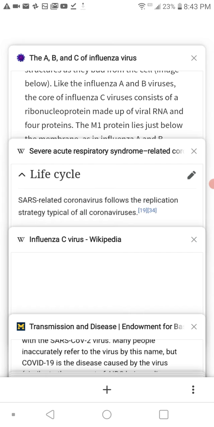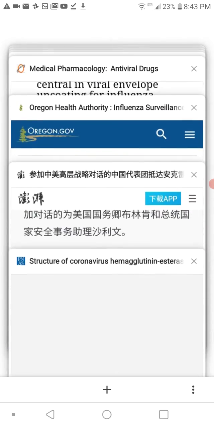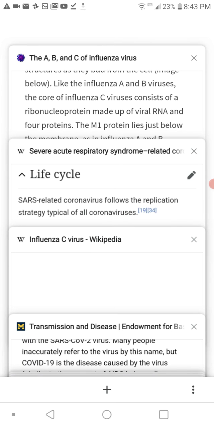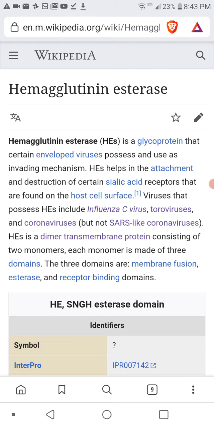So we say, what is this hemagglutinin-esterase fusion? Here we are. Hemagglutinin-esterase is a glycoprotein that certain enveloped viruses possess and use as an invading mechanism.